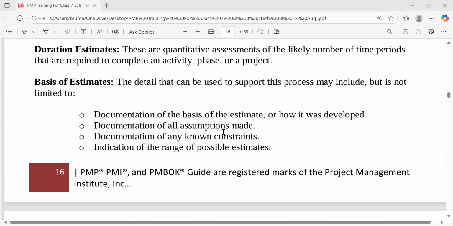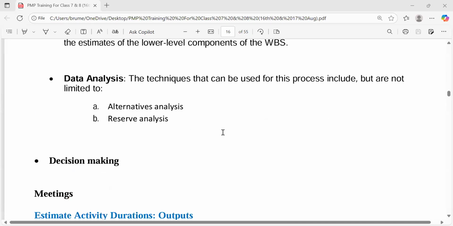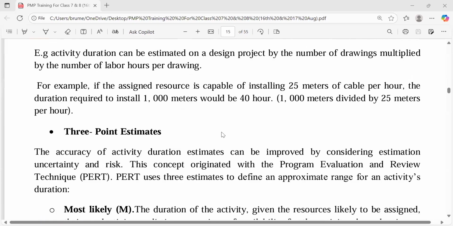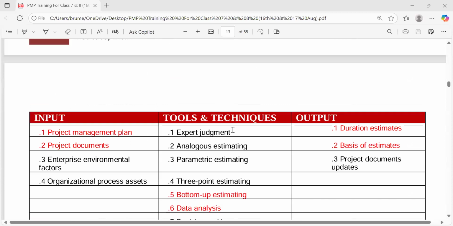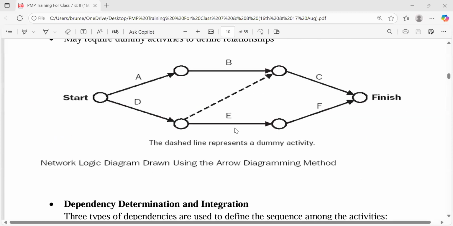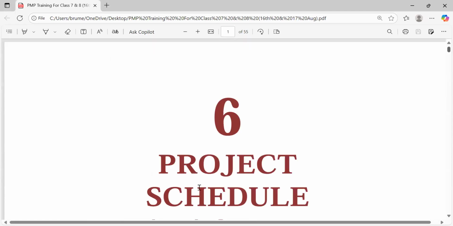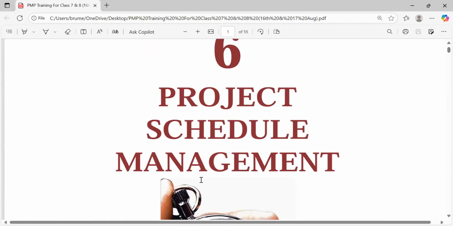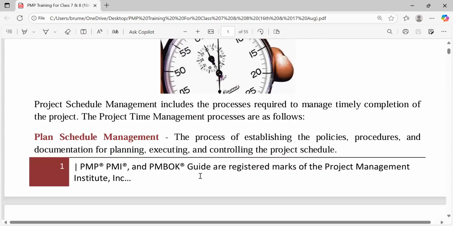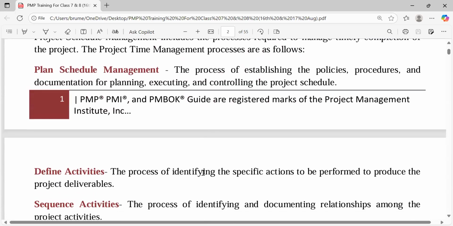All right, we just have to do a little brush off, a little reminder of what we did yesterday, and then we move on to what we should do today. We started the project schedule management yesterday. We looked at the sub-processes within this knowledge area.